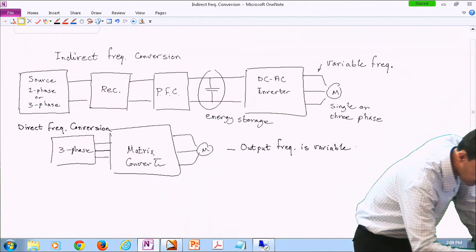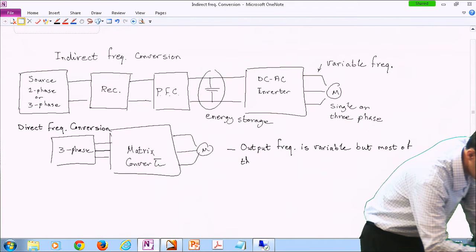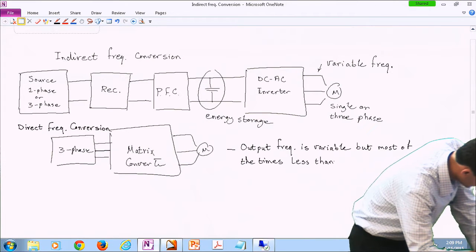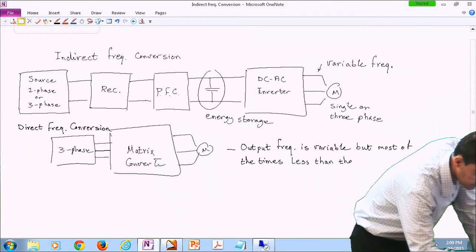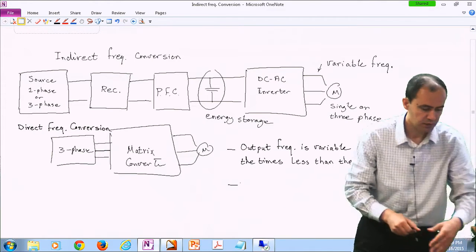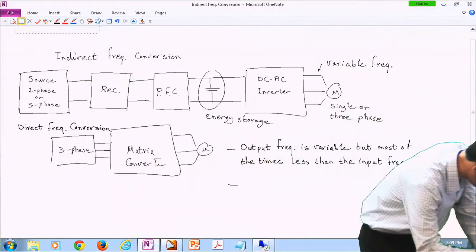But at the same time, it is less than the input frequency. Okay. Then the other note, as I explained, the efficiency would be improved compared to the indirect frequency conversion.